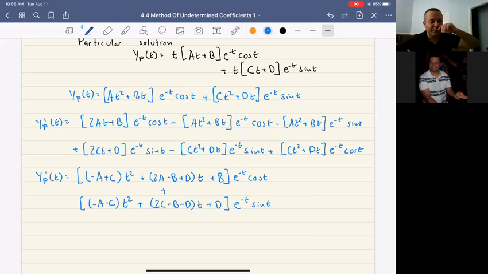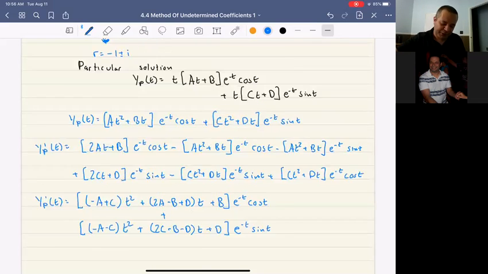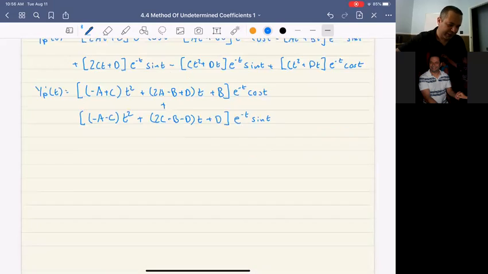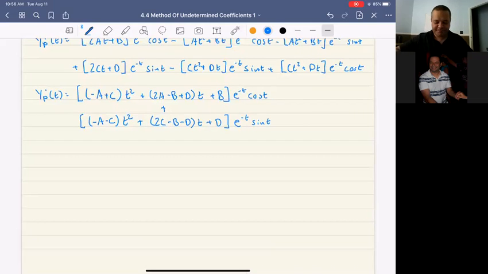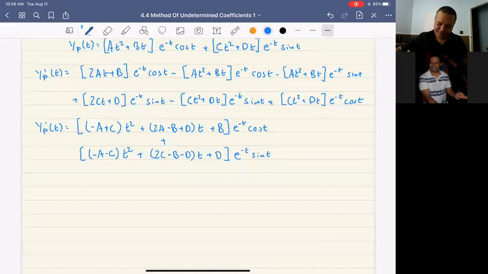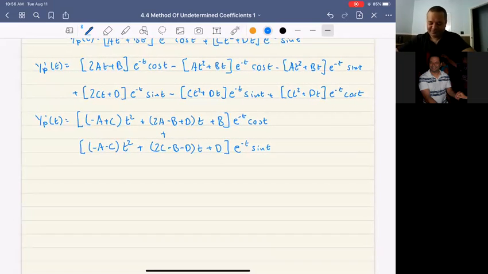So that's yp prime. Okay, I still need yp double prime. Oh my gosh, this is a pain. yp double prime.